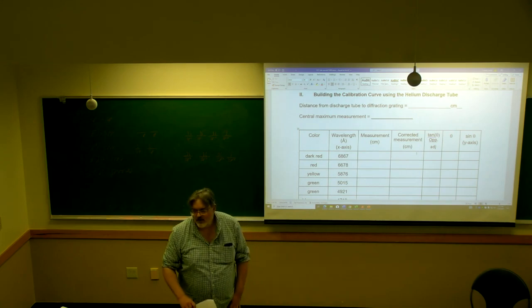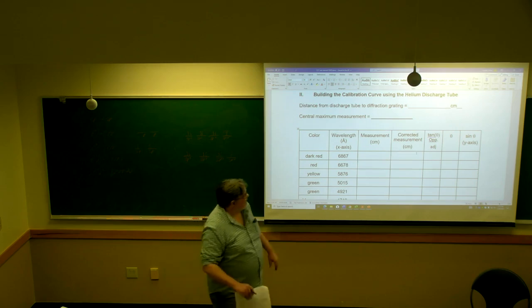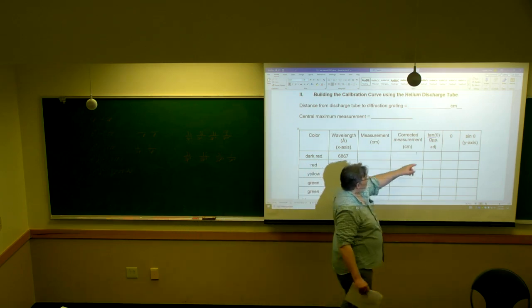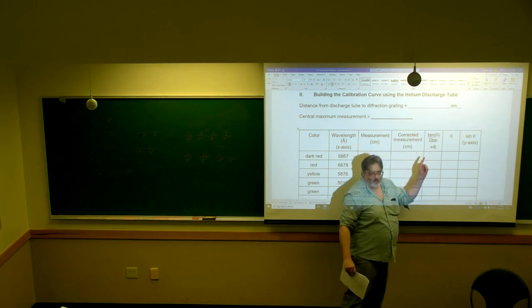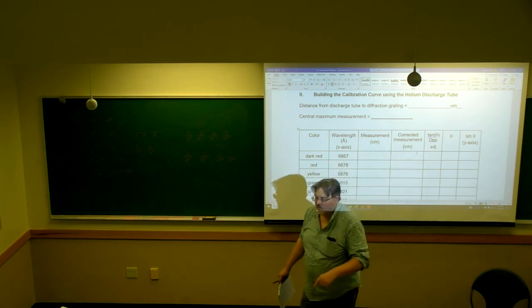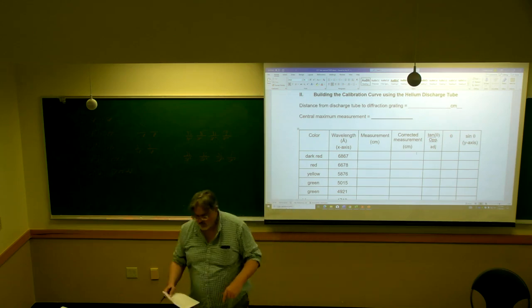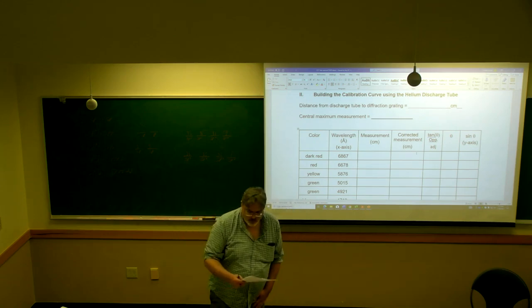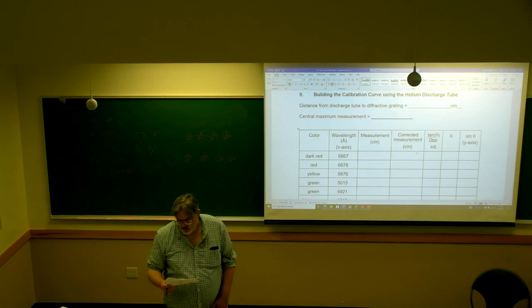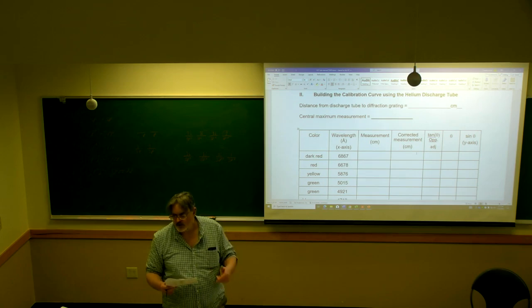Do y'all have 100 there? Yeah. Okay, 100. So you put 37 over 100, and then you have to do inverse tangent on a calculator. So 37 over 100, and then inverse tangent gives you the angle that's right next to it.